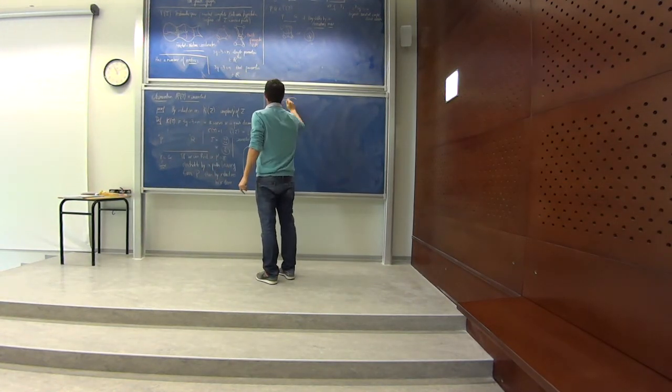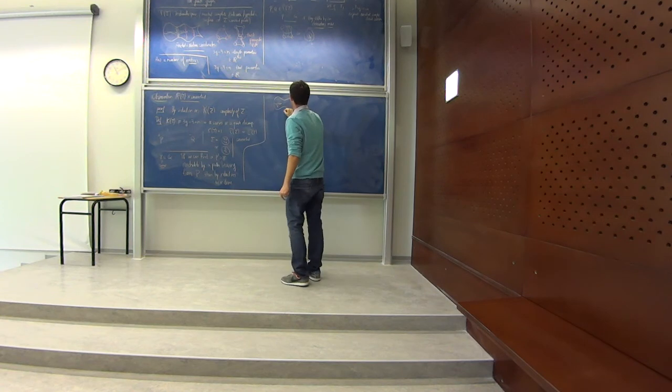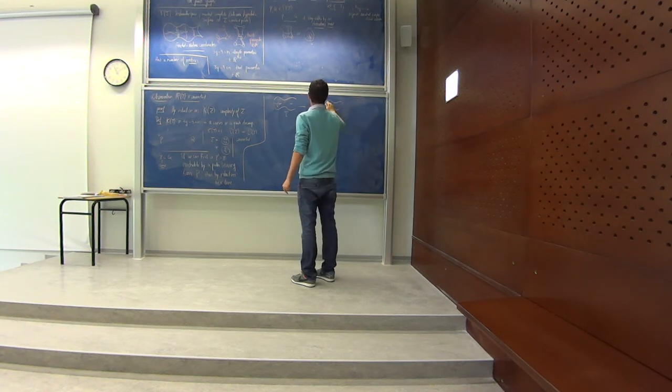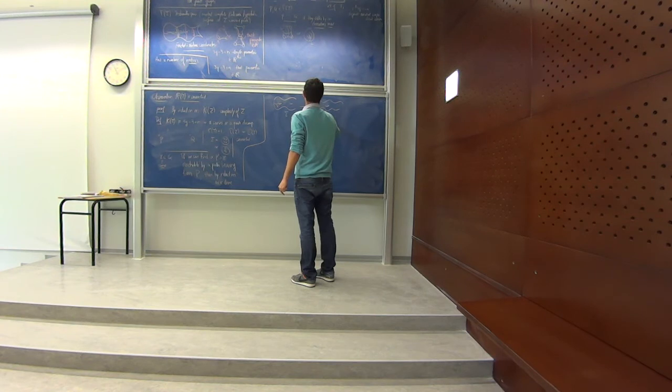So I have gamma somewhere on the surface. Okay, this is sigma. I cut along gamma to get this surface here. Okay, this is sigma cut along gamma.